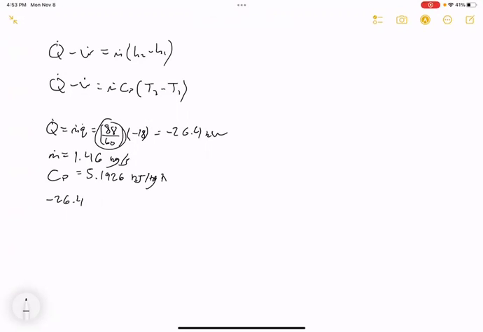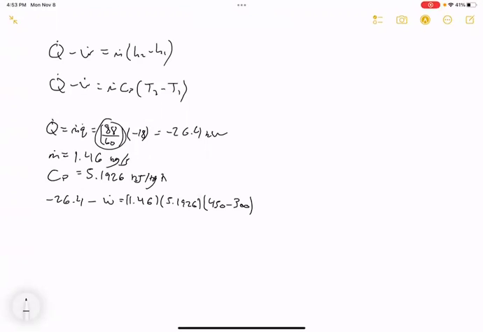So anyways, it's negative 26.4 kilowatts minus W dot, okay, we're going to figure out what that is, equals m dot, which is 1.46 kilograms per second, times Cp, 5.1926, that's coming straight from the table, times T2, which we're told in the question is 450, minus T1, which we're told in the question is 300.